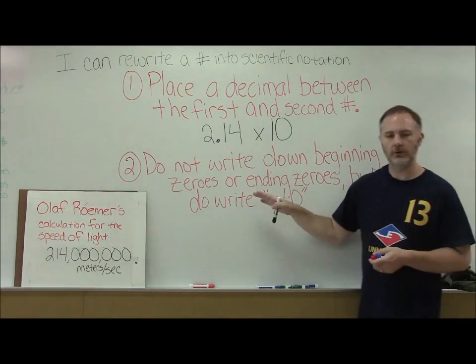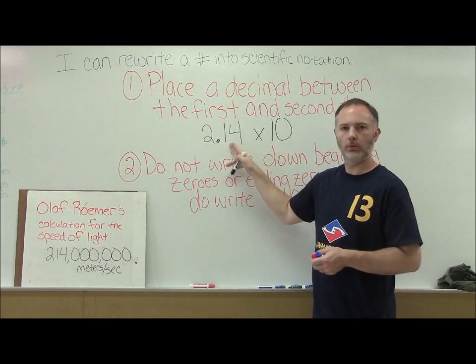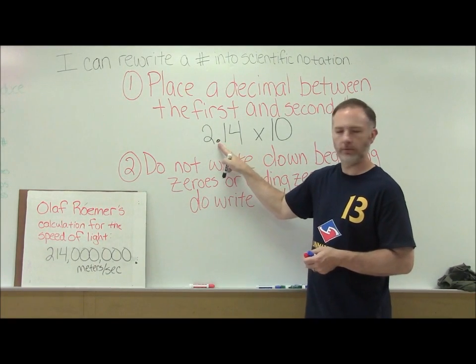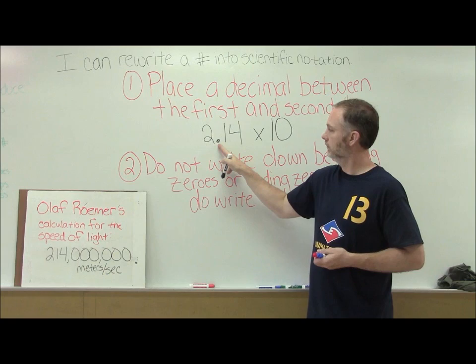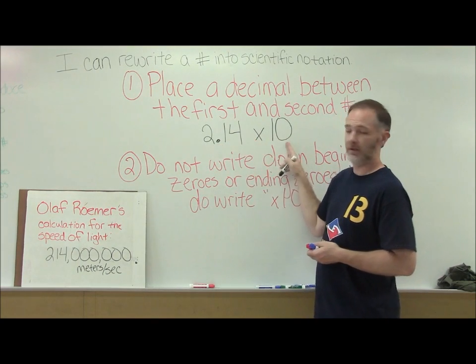So now we have, after step 2, 2.14, decimal just to the right of the first non-zero, times 10.